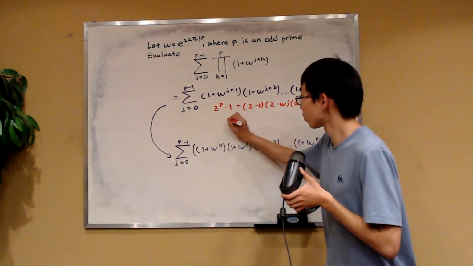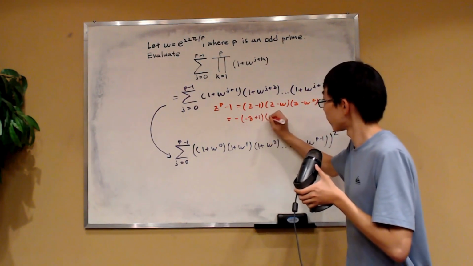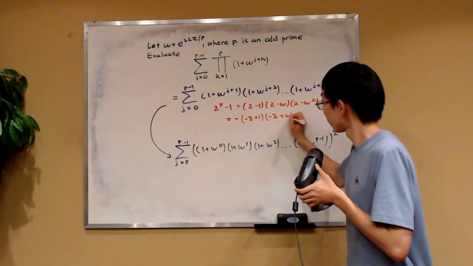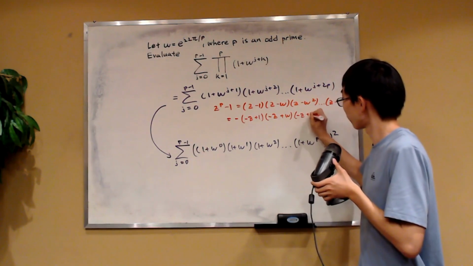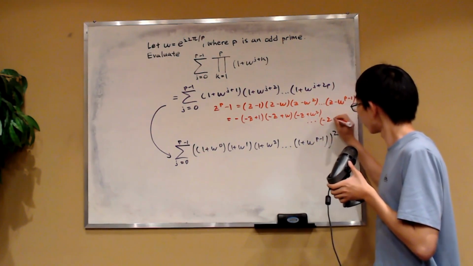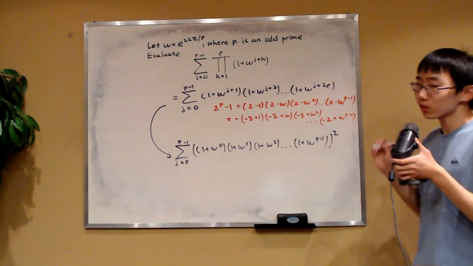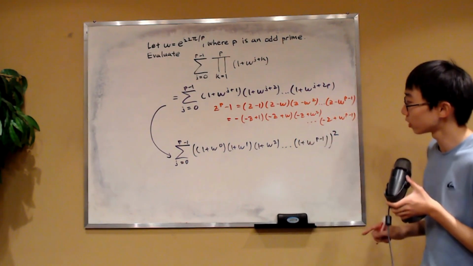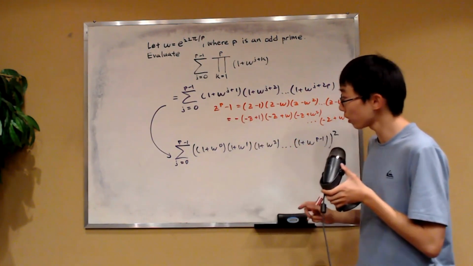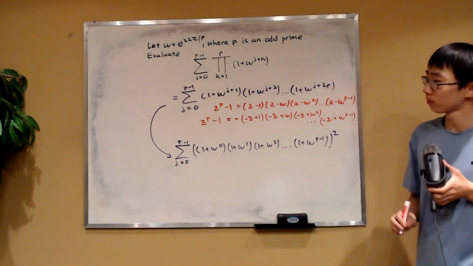So this will be equal to negative of (-z + 1)(-z + ω)(-z + ω^2), all the way to (-z + ω^(p-1)). And notice that all the while, this expression is equal to z^p - 1.